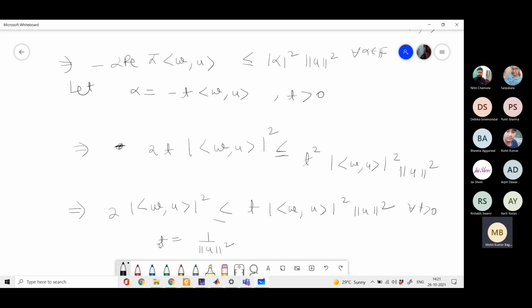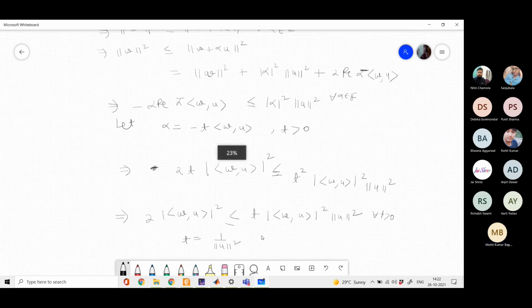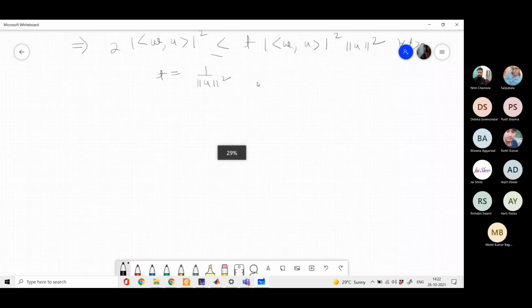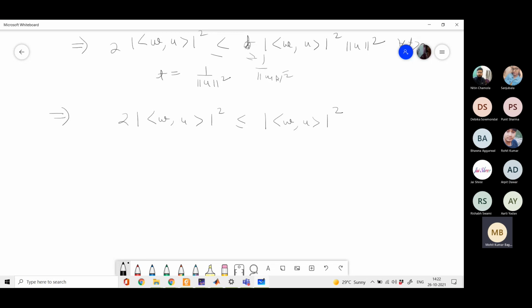So you can choose this particular choice, then this inequality also holds. Now after setting this, this is W, U, and this is less than or equal to W, U squared, because if you put t equal to 1 upon norm of U squared, then this cancels out.